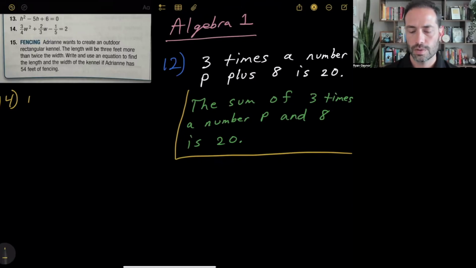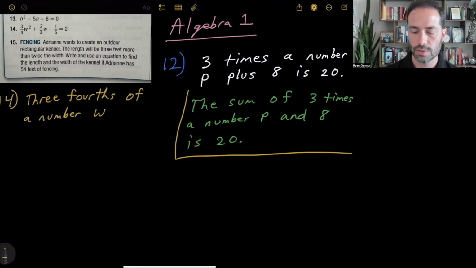So 3/4 of means multiplication, and then a number w squared.